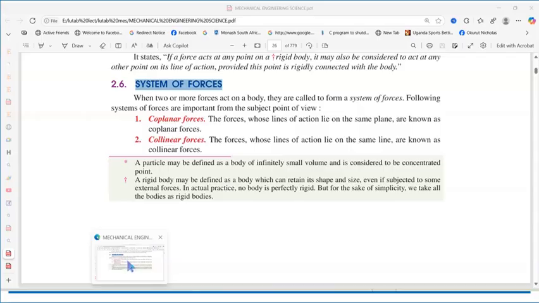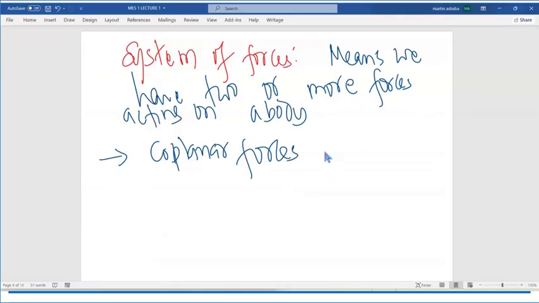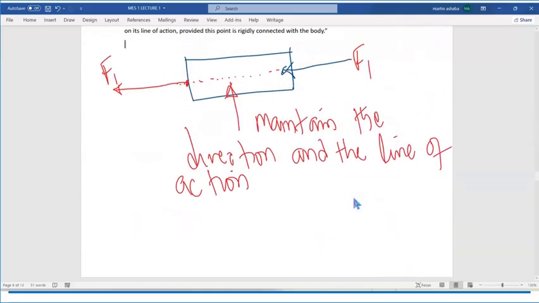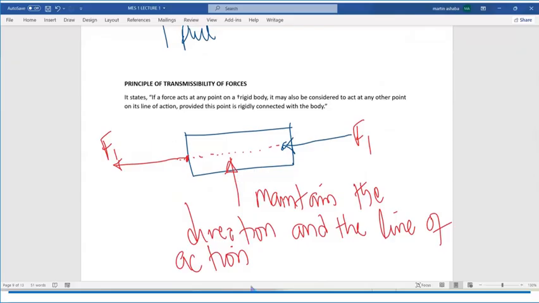Collinear, the lines of action lie on the same line. So here, lines of action are on the same plane. A line of action. Do you still remember what a line of action is?